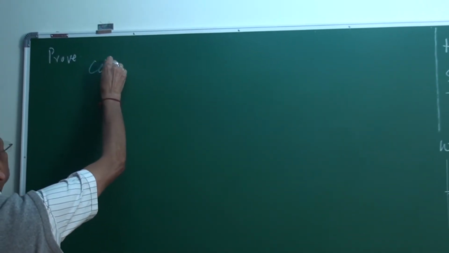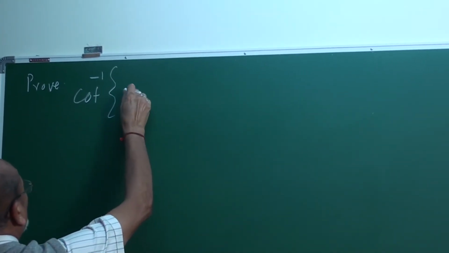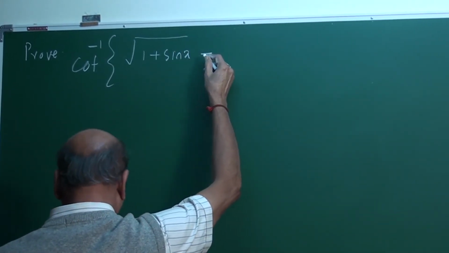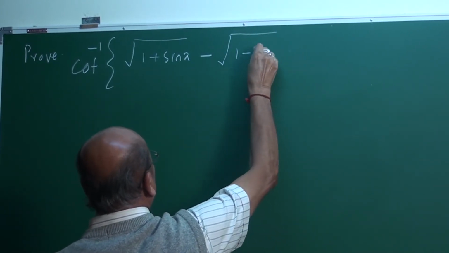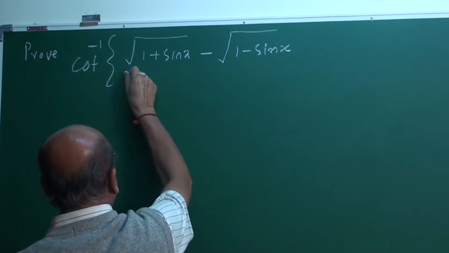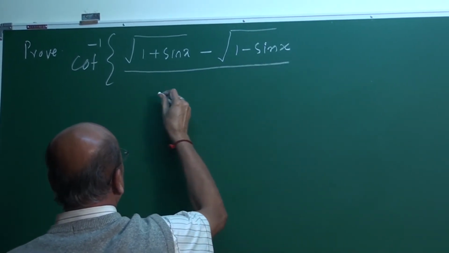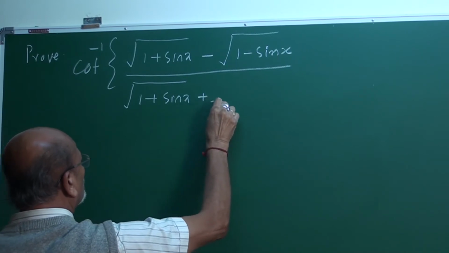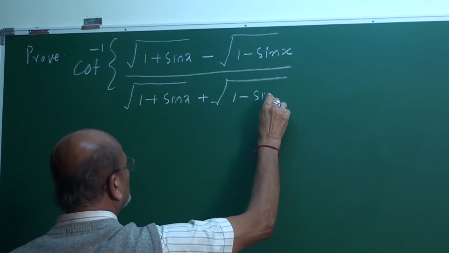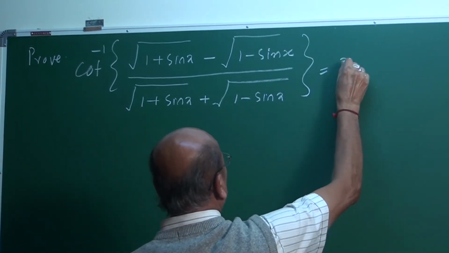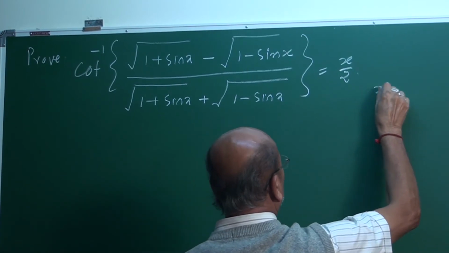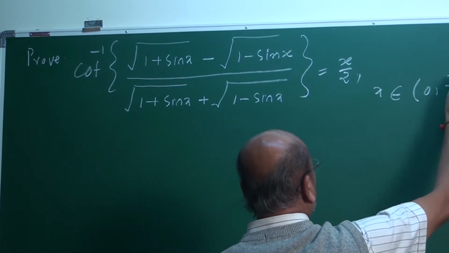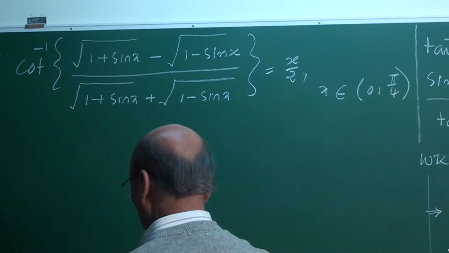Prove cot inverse of square root of 1 plus sin x minus root of 1 minus sin x, over the denominator, the same expression with plus in between: square root of 1 plus sin x plus square root of 1 minus sin x, equals x by 2, where x takes values in the open interval 0 to pi by 4.